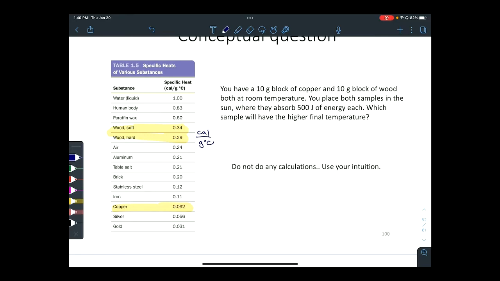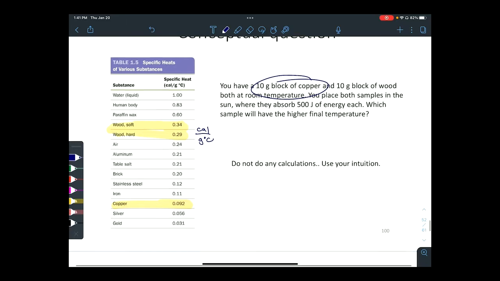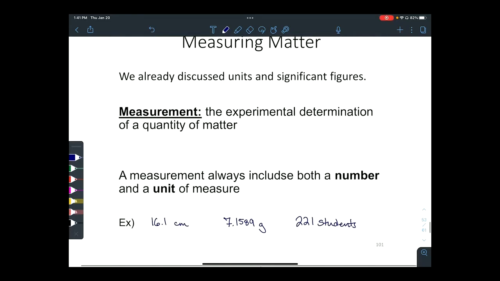Is it copper or wood? Copper has the higher final temperature, right? Again, if I gave you the option to sit on a wooden bench or a metal bench on a hot day, everyone chose the wood bench. And this is the reason: metals have lower specific heats, so it's easier for them to heat up in the same environment compared to wood.